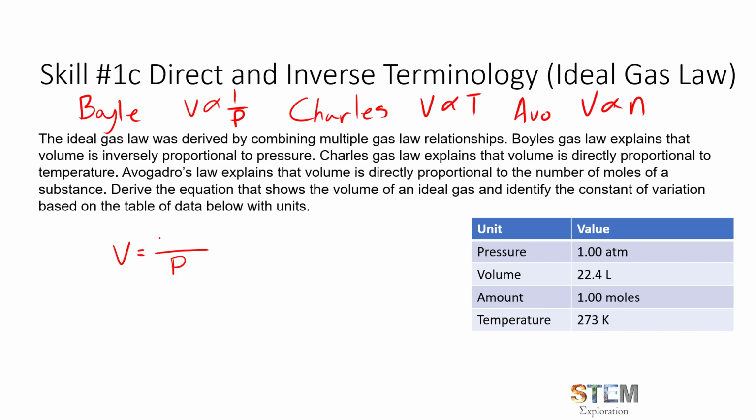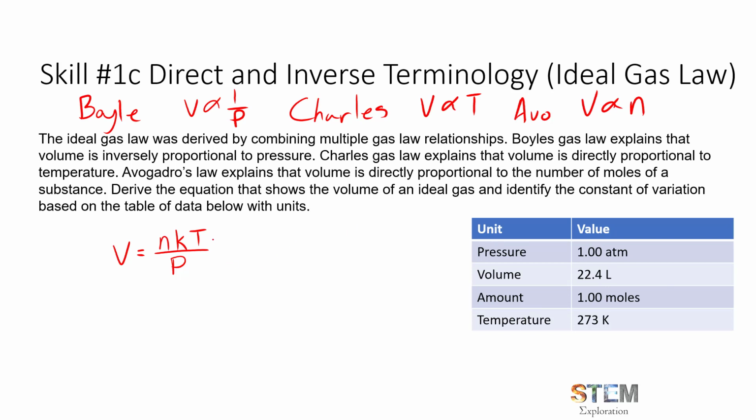So we can go N, and we can go T, so directly relational, inversely relational, and then because we're actually trying to derive an equation here, there will be a constant of variation, which we're going to input as K. So we're going to derive this equation that shows the volume of the ideal gas, and we're also going to identify the constant of variation based on the table of data that's provided here.